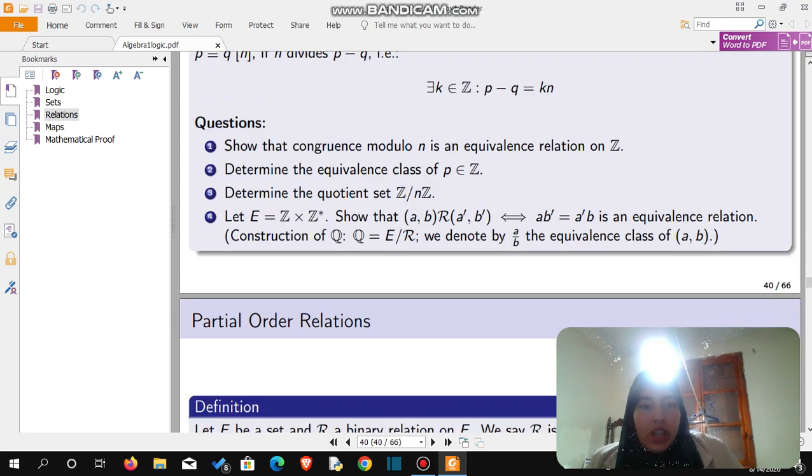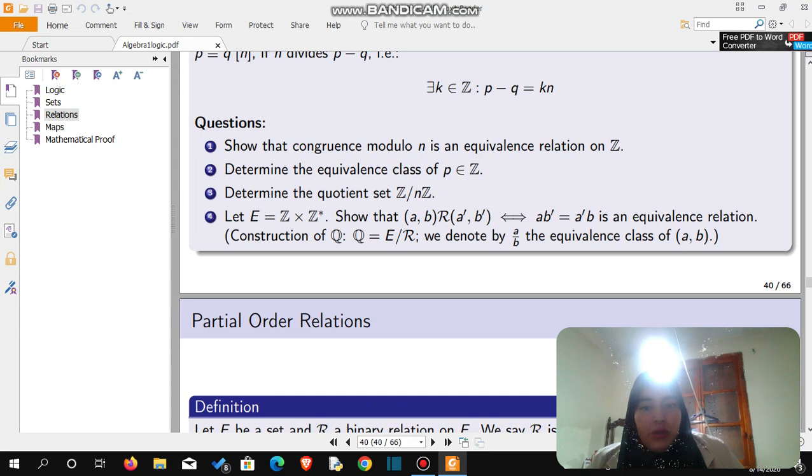Questions. Show that congruence modulo n is an equivalence relation on Z. Determine the equivalence class of p in Z. Determine the quotient set Z/nZ. Let E equal Z times Z*.